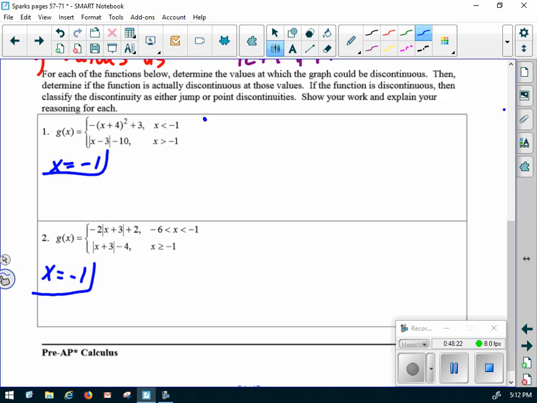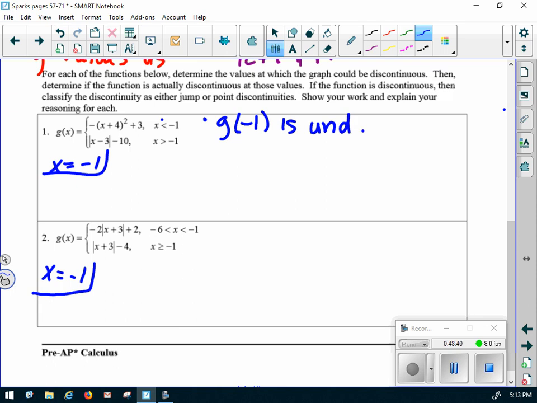So here, is g of -1 defined? Nope, because nobody owns the fence. g of -1 is undefined.